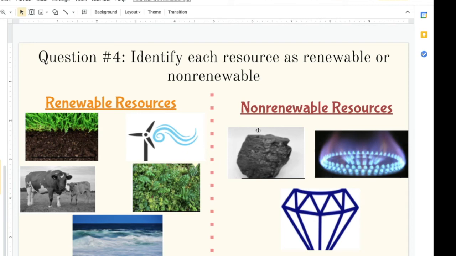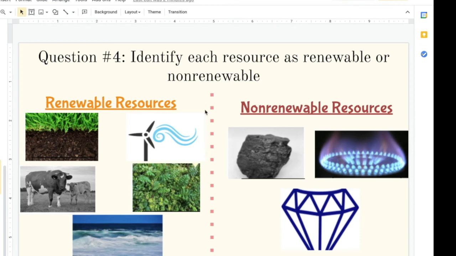Water is an example of a renewable resource. Soil, wind, animals, plants, and water are all examples of resources that are renewable. Coal, natural gas, minerals like diamonds and gold are examples of non-renewable resources.